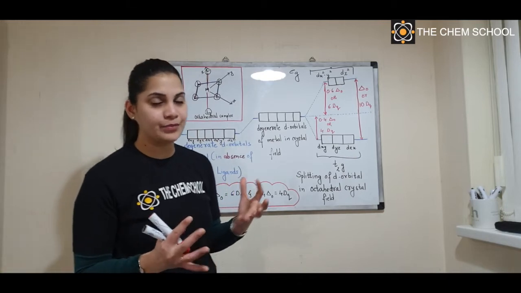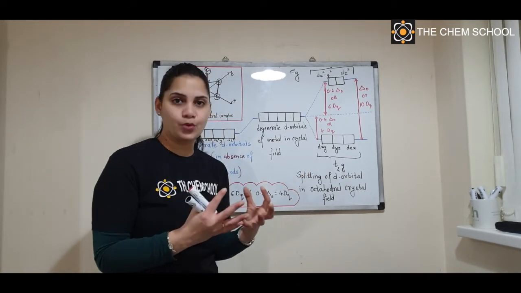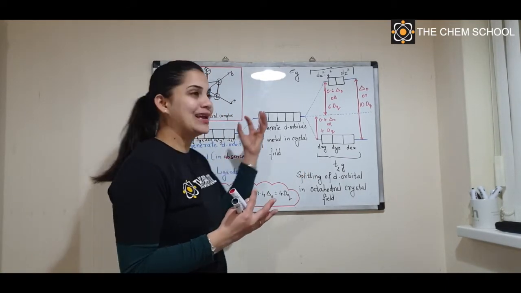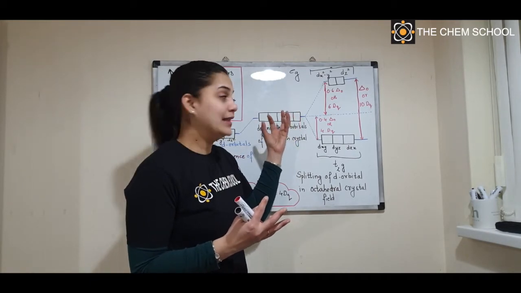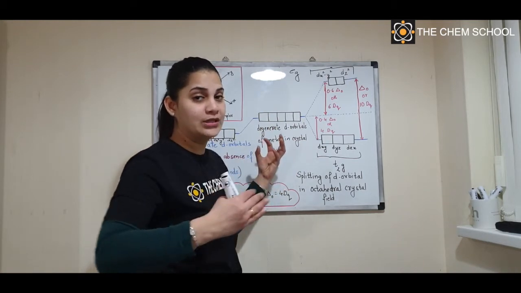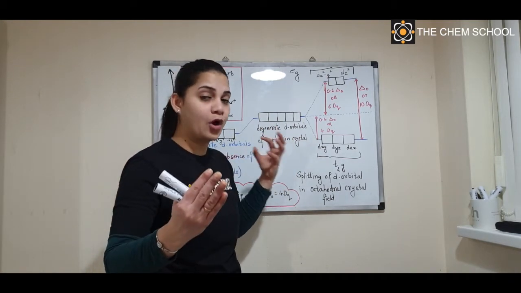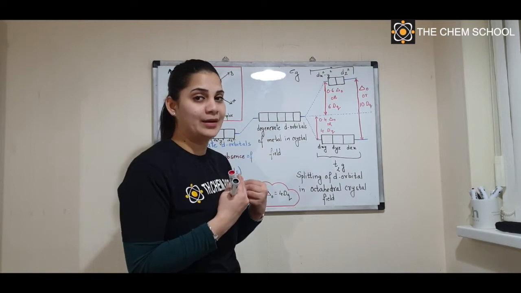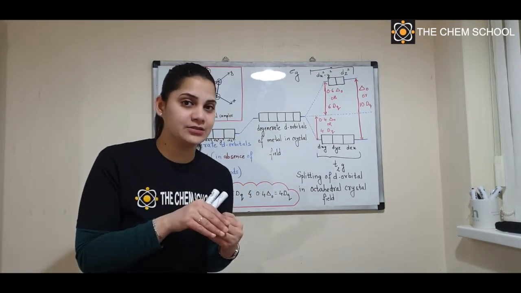But when the ligands start approaching, they slowly rise in energy, and this is your degenerate d orbital in the crystal field. Slowly the crystal field formation will start occurring when the ligands are very close to the metal and the filling of the electrons starts.